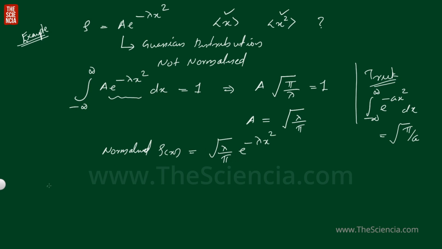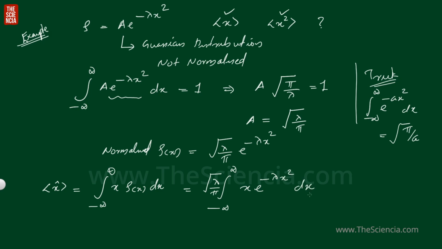Now we can calculate the expectation value of x, that is equal to the integral of x rho of x dx, from minus infinity to infinity. We can take the constant outside the integral, that is root lambda by pi, into x into e raised to minus lambda x squared dx.